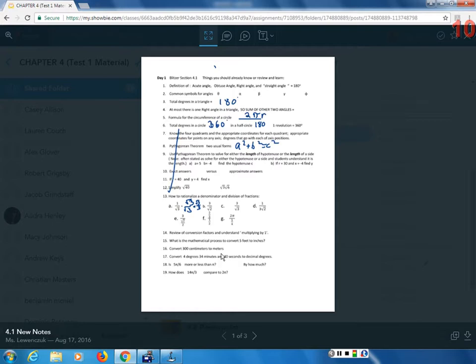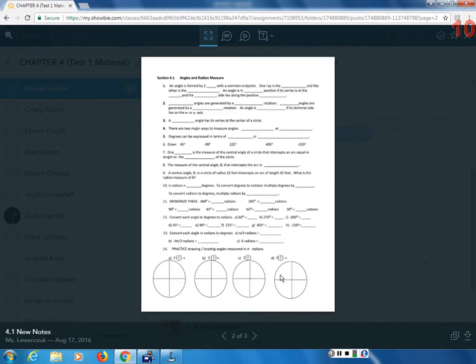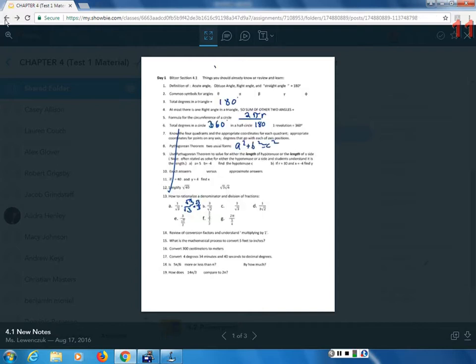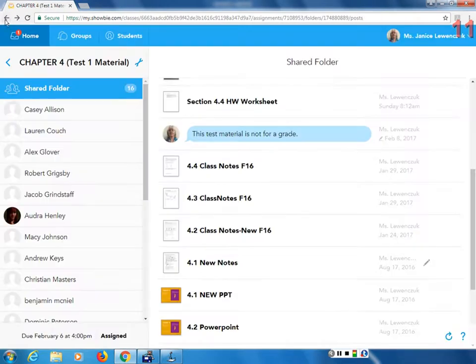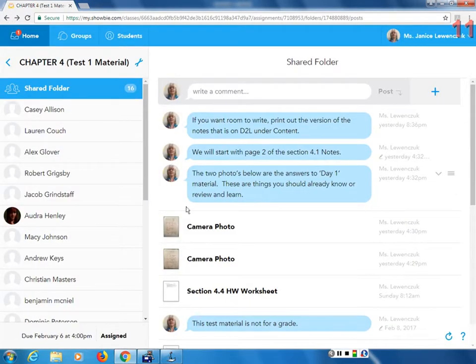I didn't know this was written on. Oh, day one. Okay. But we're going to cover pages 2 and 3. But see, it's all crammed together. On D2L, the document is 6 pages, so we're covering the 3rd through 6th pages. And I have the answers to this posted to the day one material, and I have it posted in D2L, and yesterday I took a picture of it.